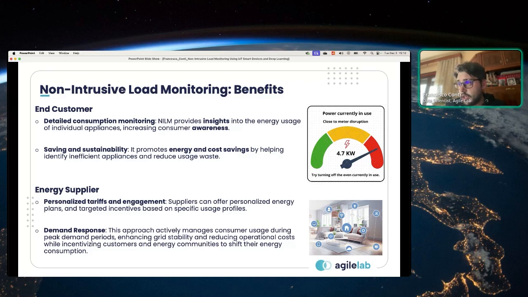And in this case, we can use NILM to verify that a user is using intensive appliances just and only in agreed periods. So for example, a user must use car charging only in night hours to have rewards.